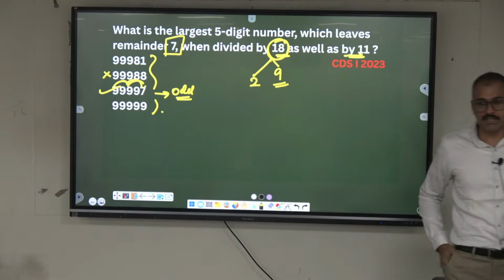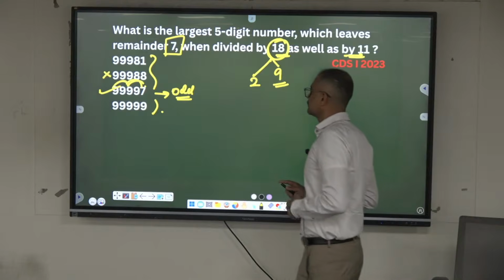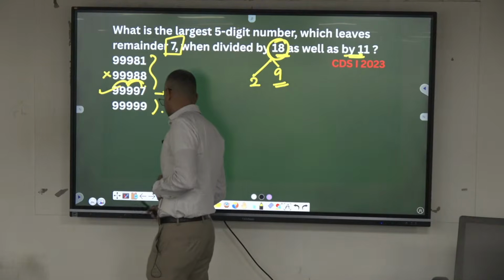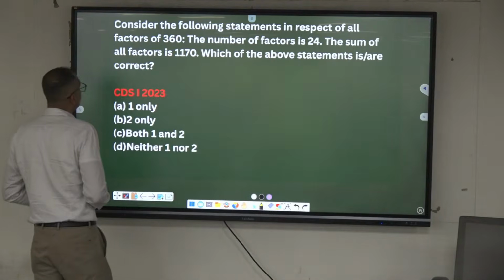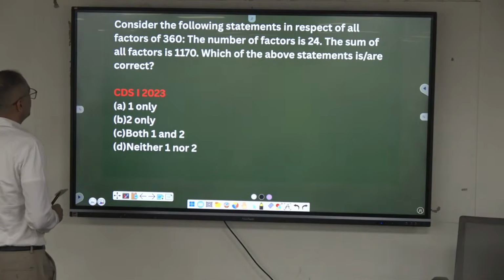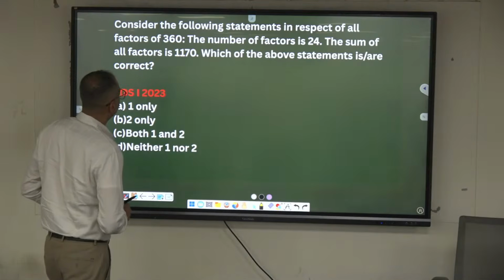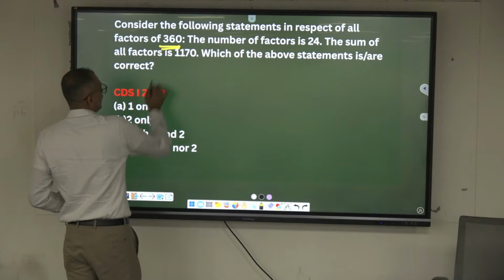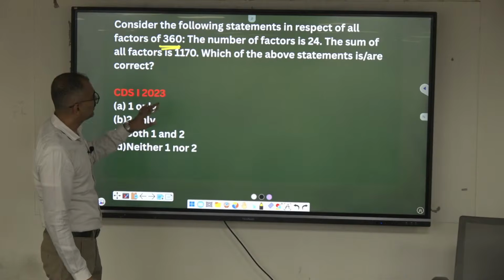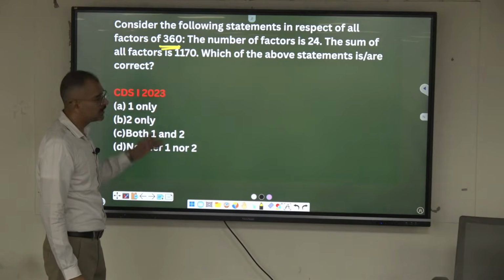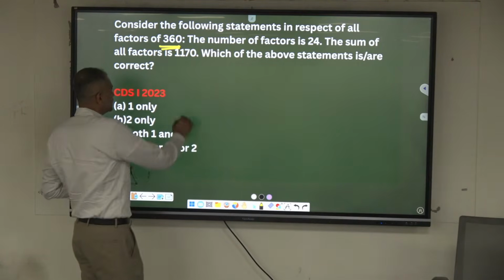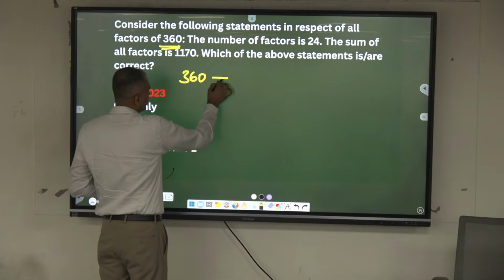Okay, next case. Consider the following statements in respect of all factors of 360. You know how to find the factors, right? 360. Can you find the sum of the factors? Quick, come on. See, factorize 360.